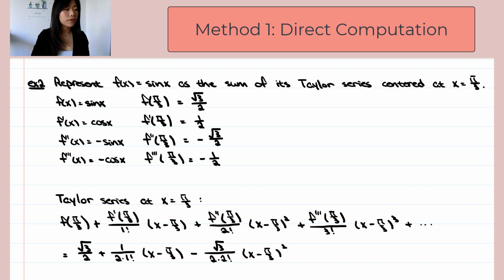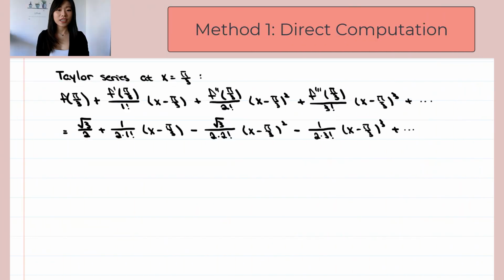Then the third derivative is negative 1 over 2, so minus 1 over 2 times 3 factorial, then times (x minus pi over 3) cubed. Then it repeats.